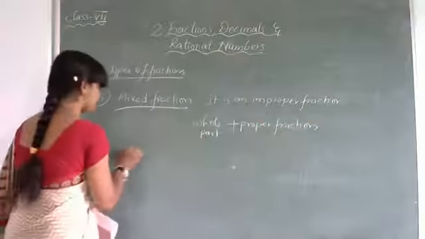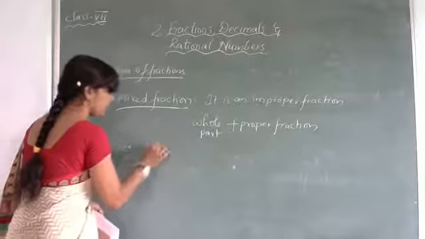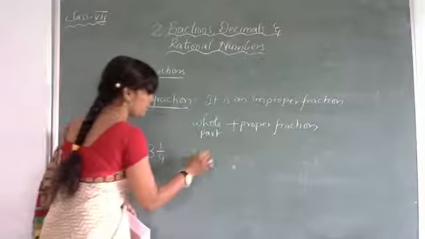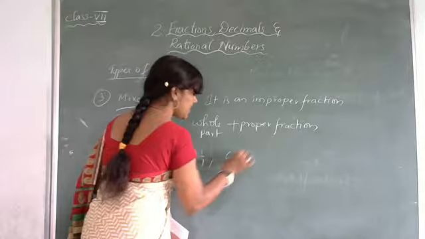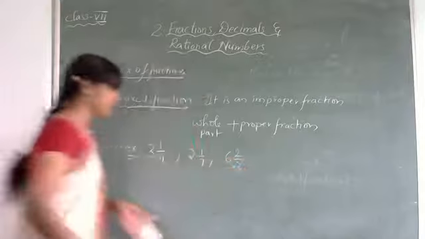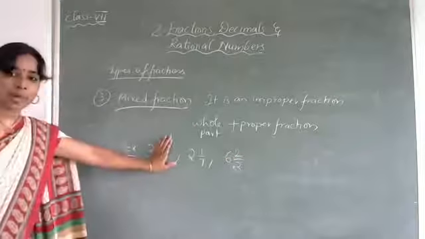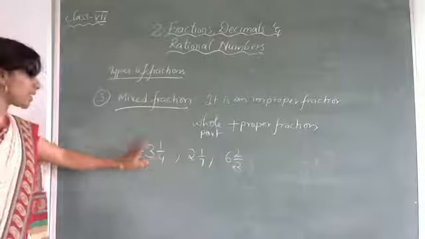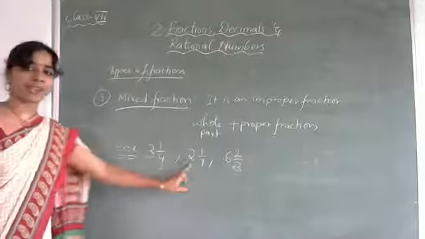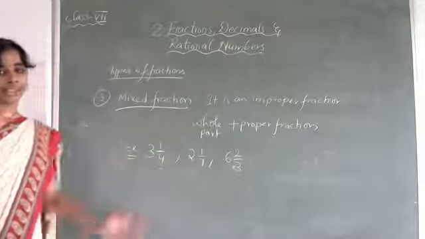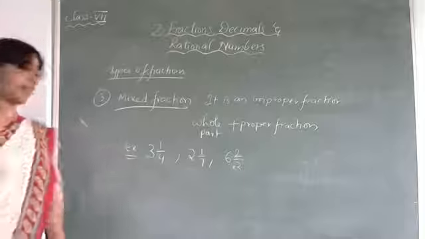That means 3 1 by 4, 2 1 by 7, 6 2 by 3, like this. A combination of a whole number and a proper fraction is called a mixed fraction. That is our third type of fraction.